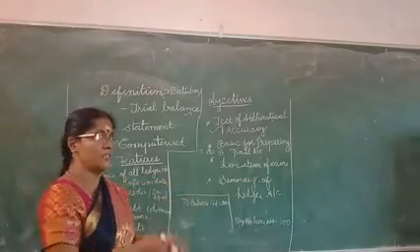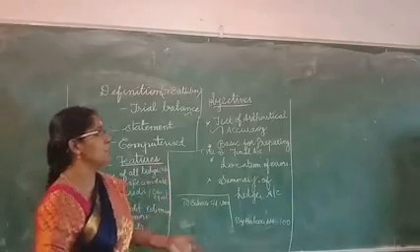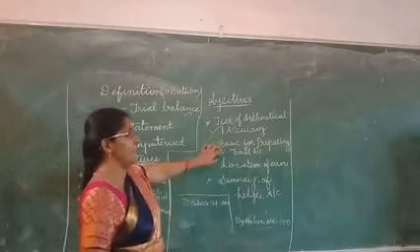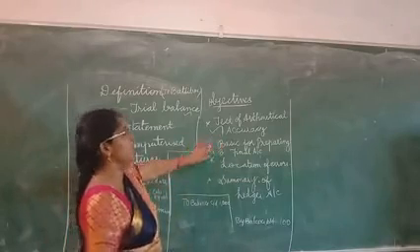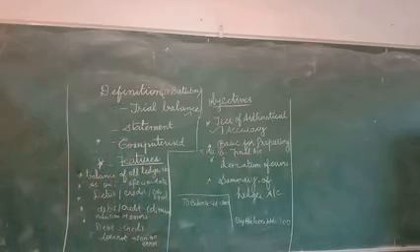So how much assets they have, how much liabilities they have, everything we can know through this balance sheet. What is the basis of preparing all these things? Trial balance. Then location of errors.